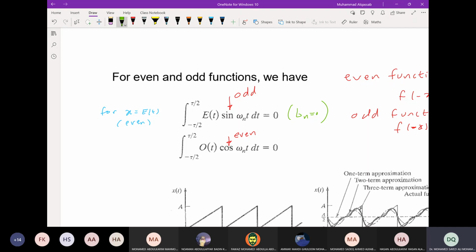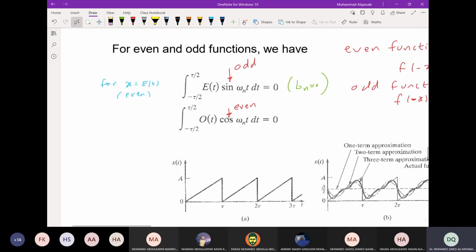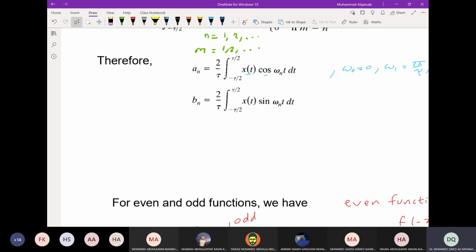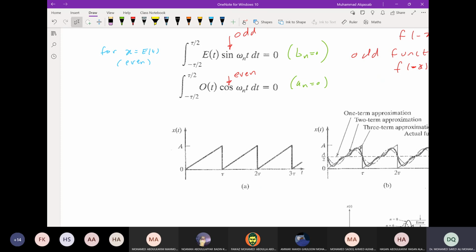When x is odd, then An equals 0, because An is the integration of x cosine. When x is odd, An equals 0, but not necessarily A0. A0 might not be 0. Although An is 0, A0 might not be 0.